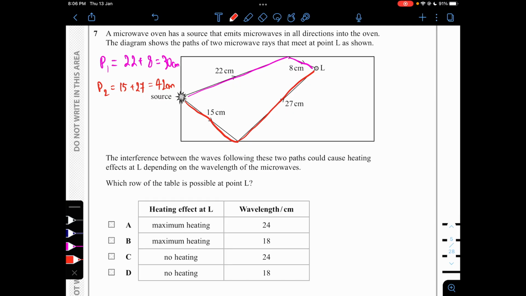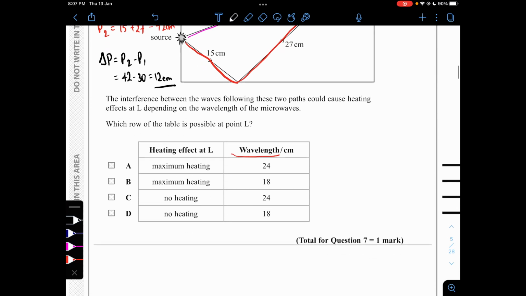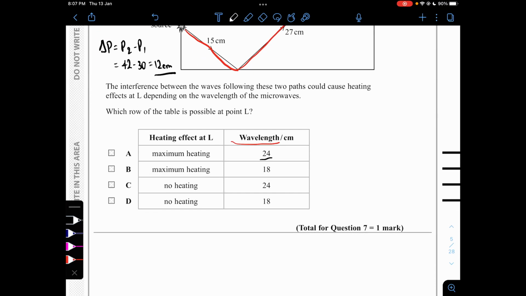To work out anything related to wavelength, we need to work out its path difference. Delta P, I'll do it in black. So delta P is what? Delta P is the change, P2 minus P1, which is 42 take away 30. That is 12 centimeters. Okay, so what do we do with this 12 centimeters? We can only do something with 12 centimeters if we know the wavelength. Now in this case, let's take the first scenario, which is 24.